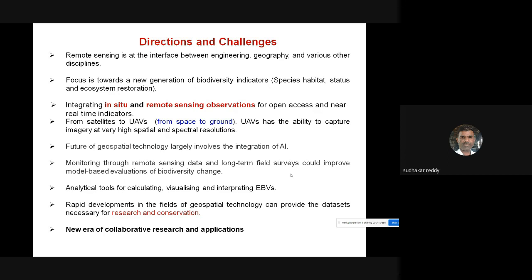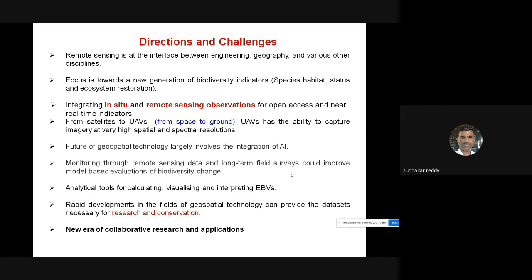And as of now, from satellites to UAVs, from space to near ground, we have data at high spatial and high spectral resolutions. Specifically, UAVs have the capability to provide detailed information of the landscape.